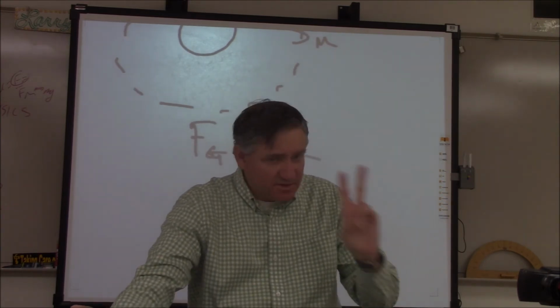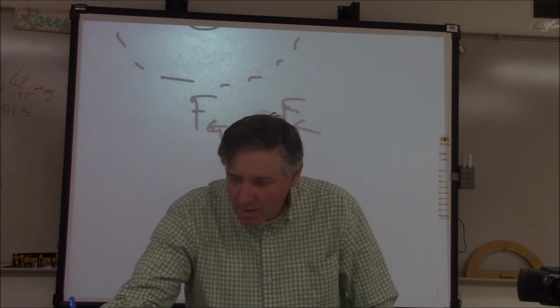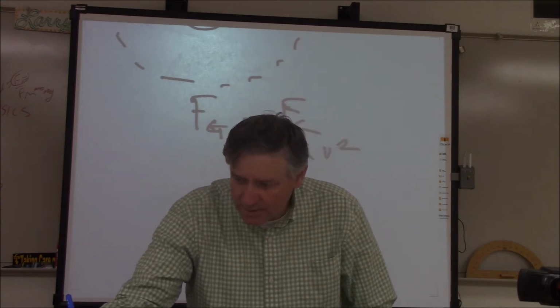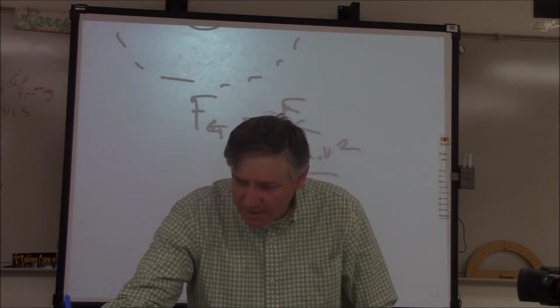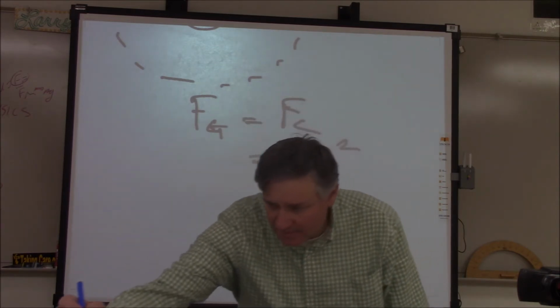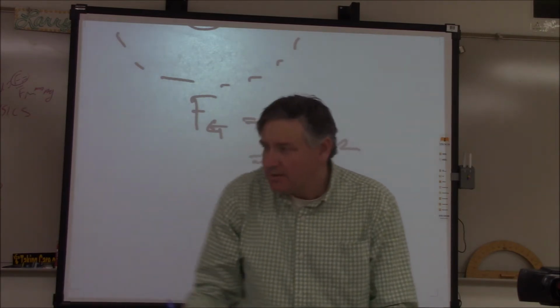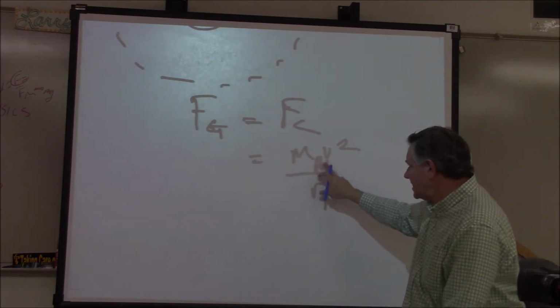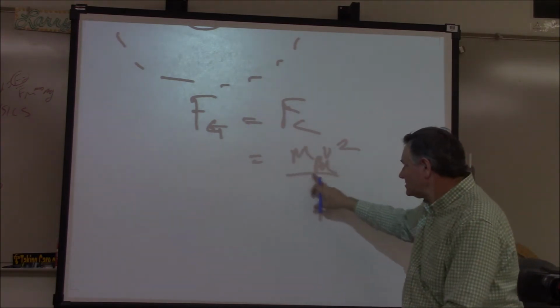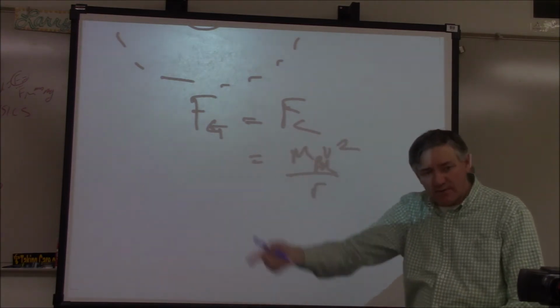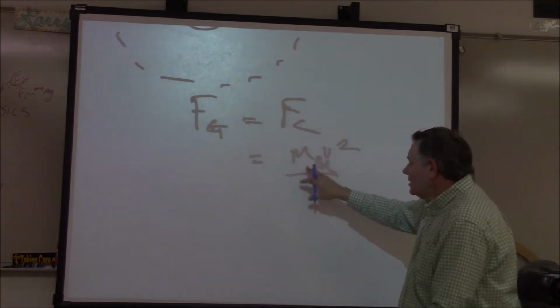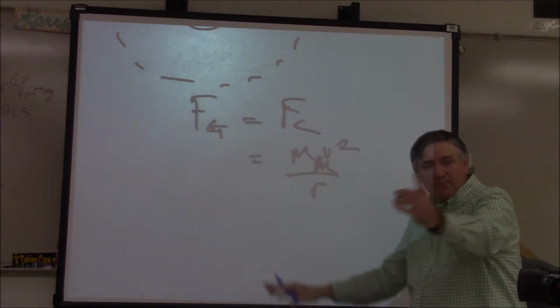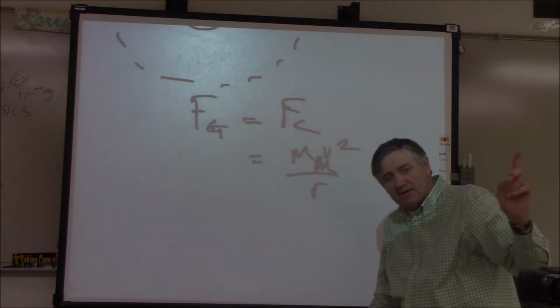Now, we'll start with the relatively simple one. There's two ways you can calculate centripetal force. We're going to use mv squared over r, and this is going to be the mass of the satellite, which we've named Maddie. So Maddie the satellite is orbiting around the Earth. It's going to take a certain amount of centripetal force to keep Maddie the satellite in orbit.